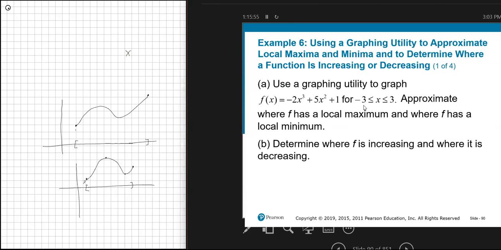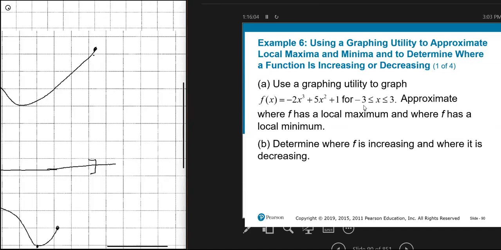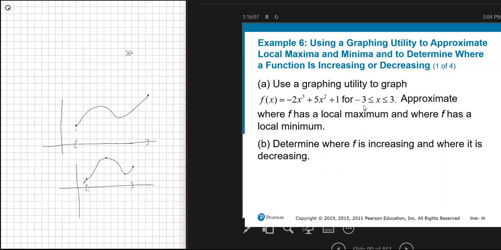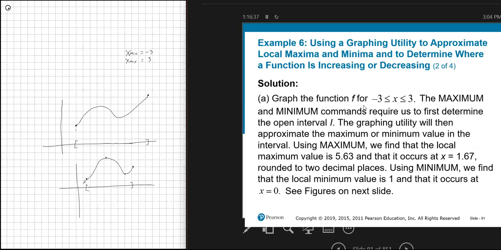For x min, you set that at -3, and then x max you set at +3, and you leave all the other settings alone, and then you look at what happens in there.